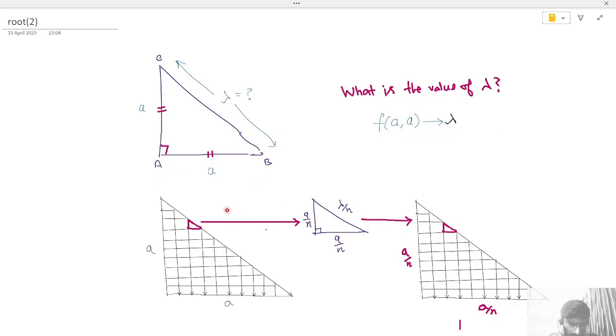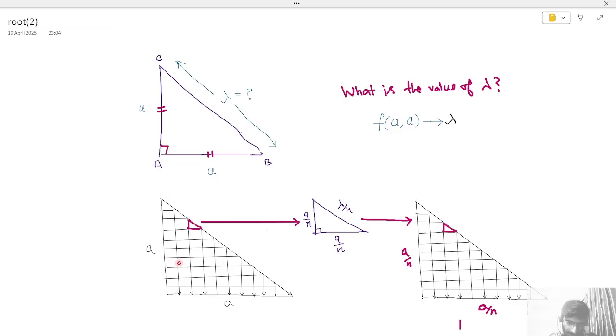So we'll start with this splitting. So we have divided this base and perpendicular into n parts. So this is the same triangle with the base A and perpendicular A. We have divided both base and perpendicular into n parts, right?